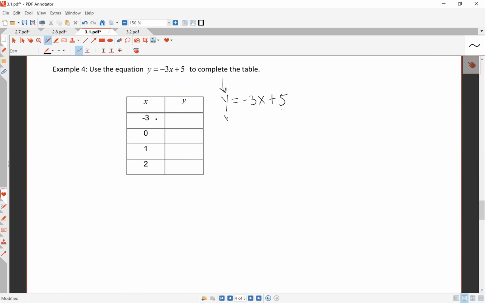So if x is -3, then we take -3 times -3, which is 9, plus 5, which is 14. The easiest one to plug in is x equal to 0. -3 times 0 plus 5 is 0 plus 5, which is 5.